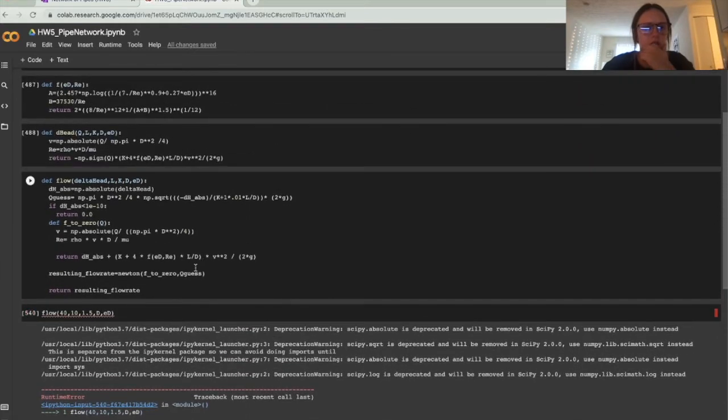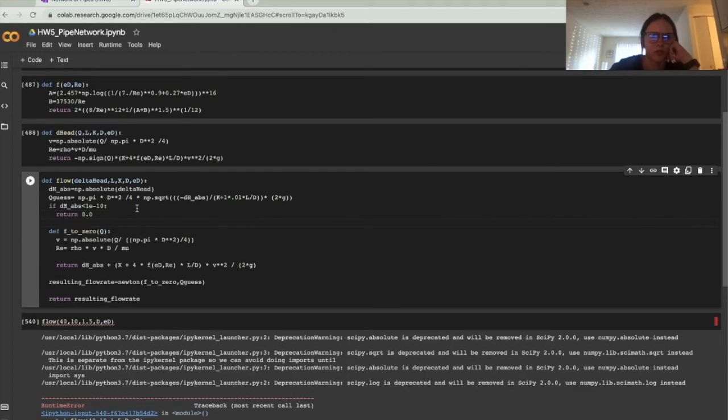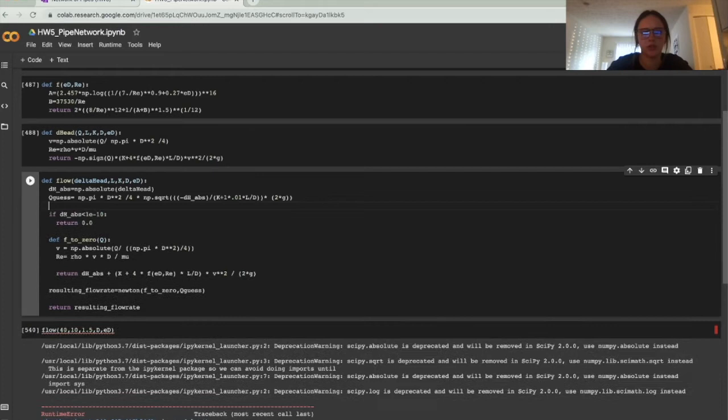Let's see what's going on here, because this should help us stay away from when the number is really, really small for dH abs. Let me separate this. Oh, no, not what I wanted to do.